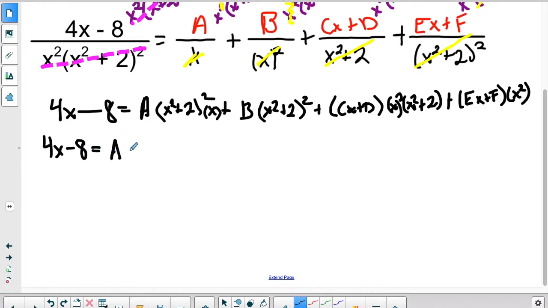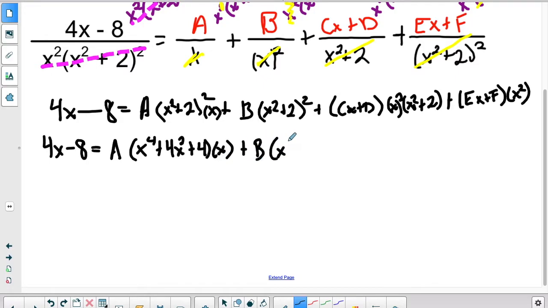Now the first thing we're going to do is x squared plus 2 squared. If we multiply that out, I'm not going to multiply it out here, I'm just going to write it down. What we end up getting is x to the 4th plus 4x squared plus 4, times x, plus b.